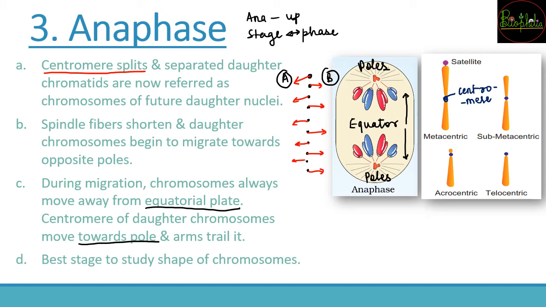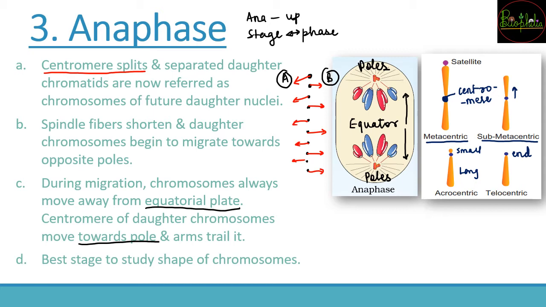It can occur in the center if it is called as a metacentric. अगर submetacentric है तो वो center से थोड़ा upwards या downwards होगा, not in the center exactly. अगर वो acrocentric है then you can clearly differentiate the smaller arm and the larger or the longer arm. And telocentric में तो finally it will act at the end of the chromosome.